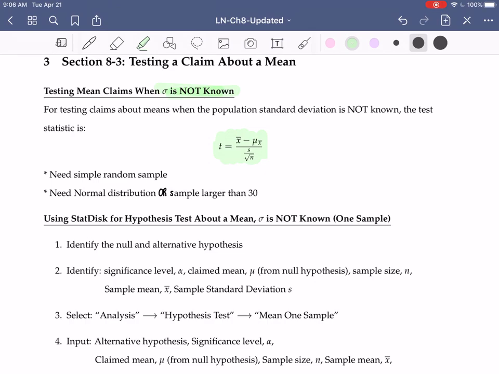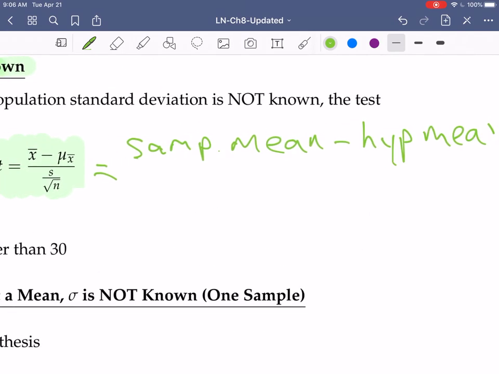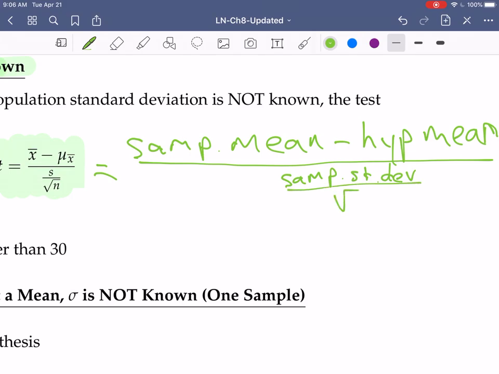We take the sample mean minus the hypothesized mean, and we divide that all by the sample standard deviation over the square root of the sample size.